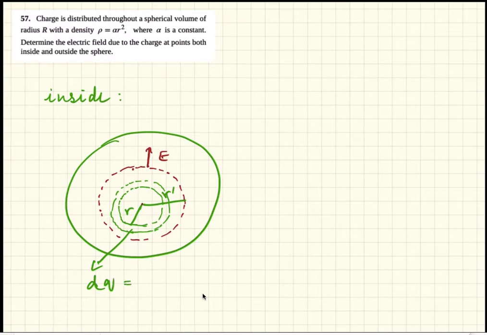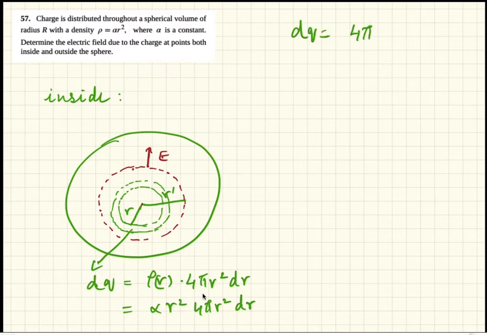The charge on that shell, dq, is the density of charge times the volume of the shell, and the volume of the shell is the surface area of the sphere, which is 4 pi r squared, times dr. So 4 pi r squared dr, and that is equal to alpha r squared times 4 pi r squared dr. So dq is 4 pi alpha r to the power 4 dr.